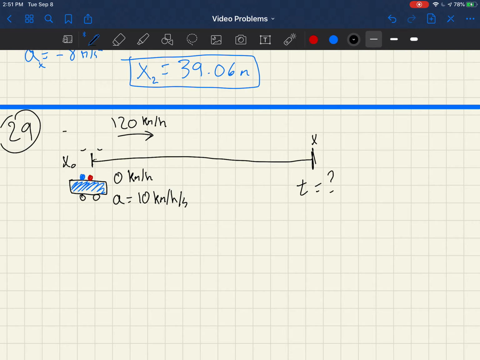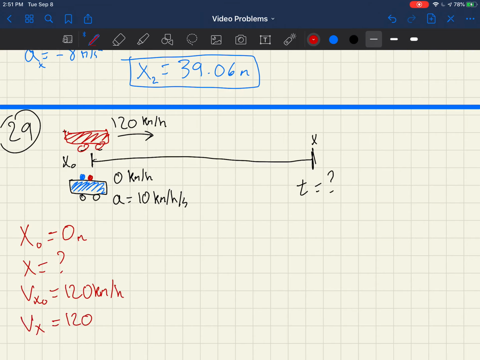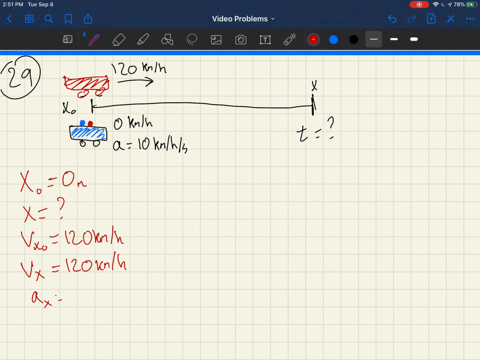So this is actually going to be the red car. Okay, so x0 is 0. We don't know the final position. We know the initial velocity is 120 kilometers per hour. We know the final velocity is 120 kilometers per hour. And we know the acceleration is 0. Okay, so from that one, we need to know the time too. The time is a question mark.